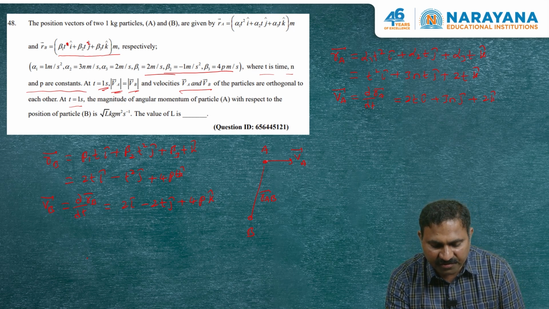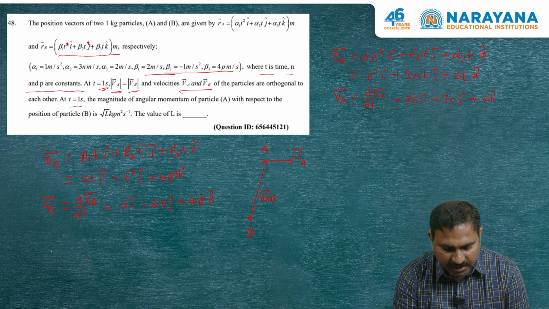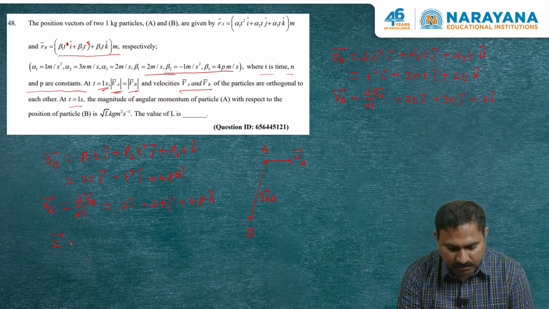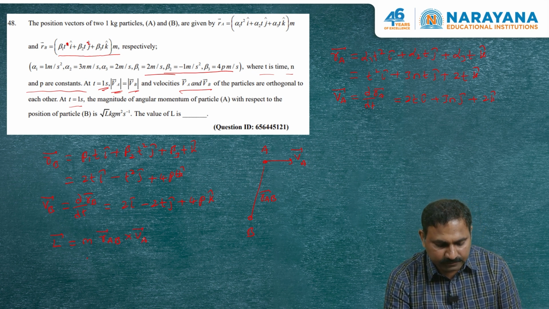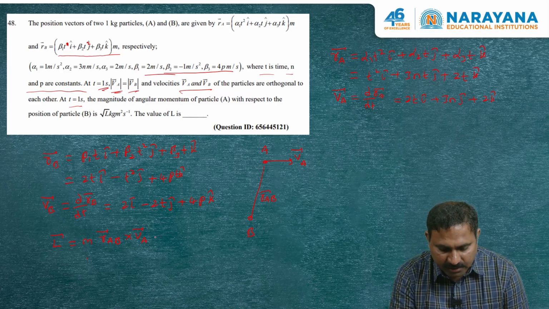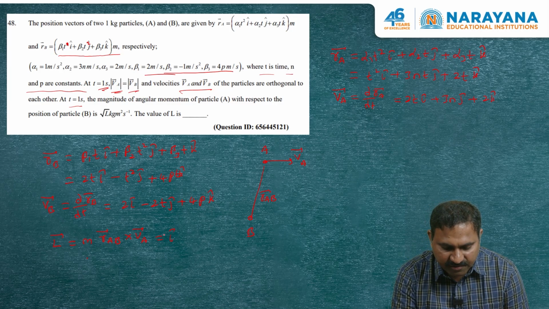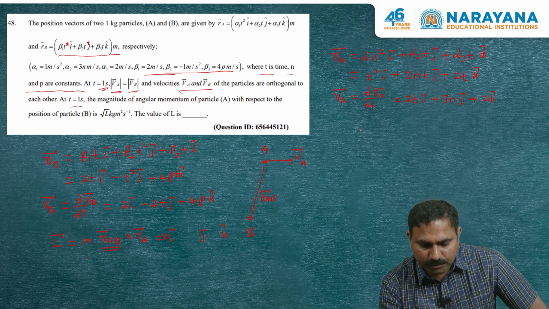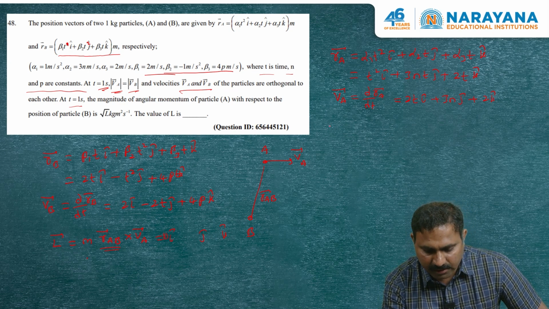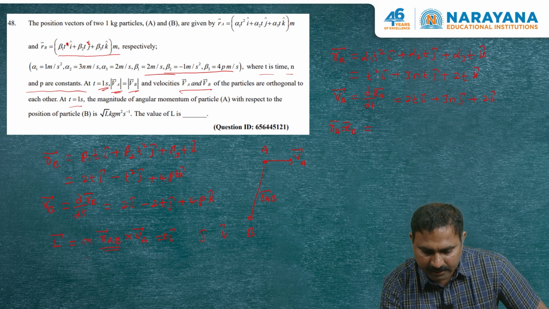So, angular momentum of A as seen from position of B means mass of particle into RAB cross Va. Angular momentum in the given situation is position of A as seen from B cross velocity of particle A. So, this can be written as i cap, j cap, k cap, mass anyway given as 1 unit only. RAB, position of A minus position of B we need to calculate, RA minus RB at 1 second.